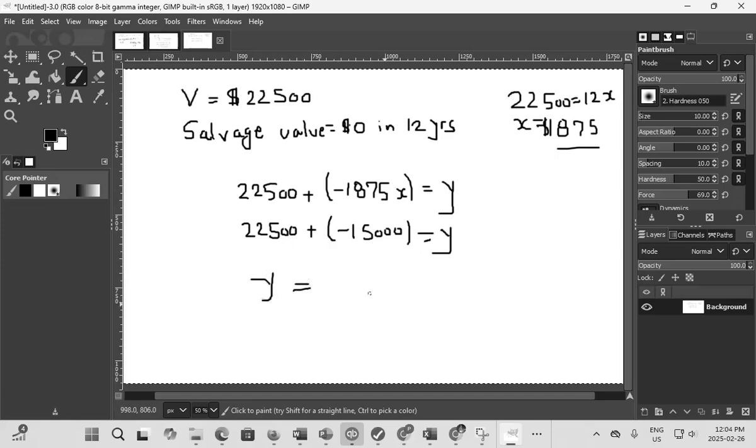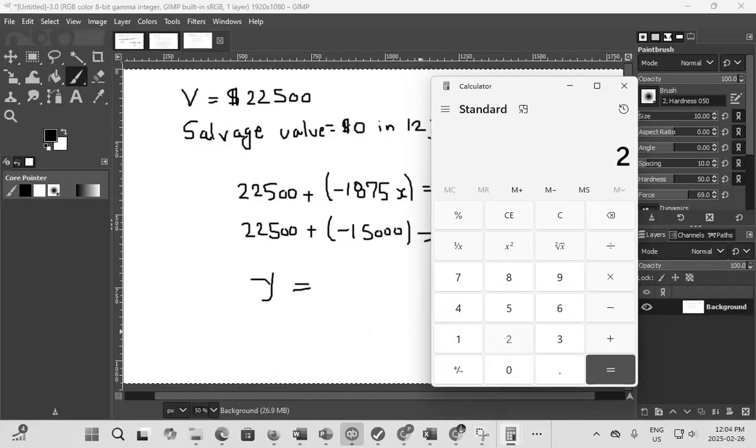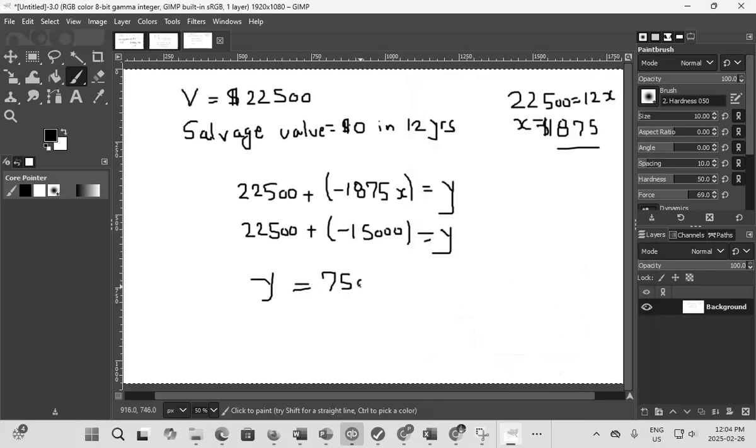So the new value will be 22,500 take away 15,000. Okay, this is 7,500 altogether. So $7,500 is the value of the vehicle after 8 years.